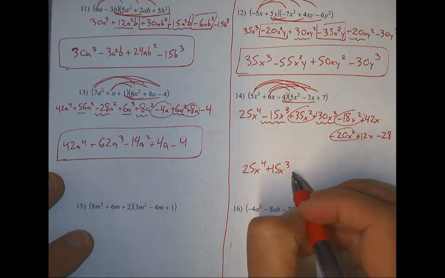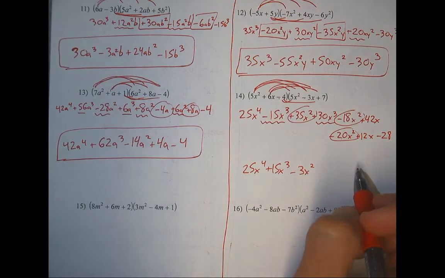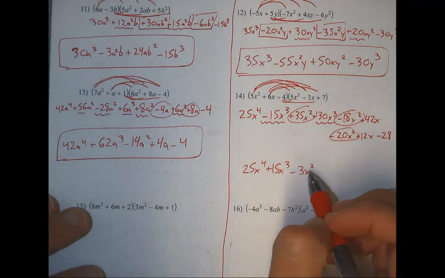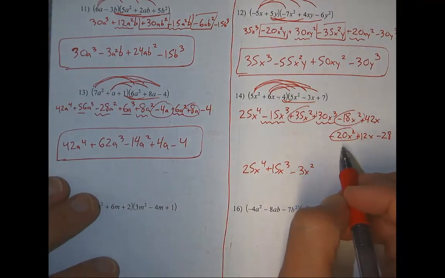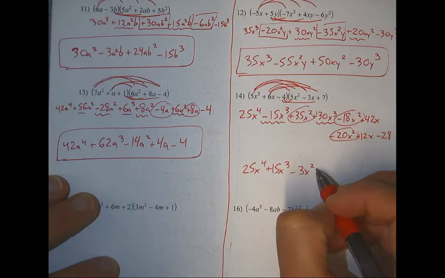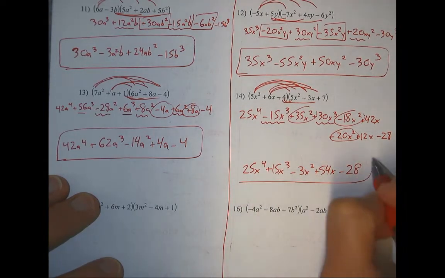Okay, and that's going to come out to a negative 3x squared. You put those together, that's negative 38. So compared to 35, that's negative 3. And then we have an x and an x. That's 54x. Negative 28 tags along.